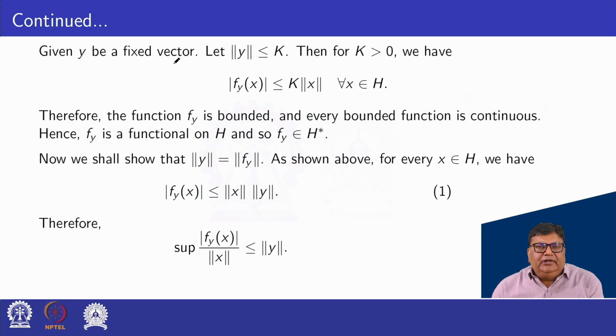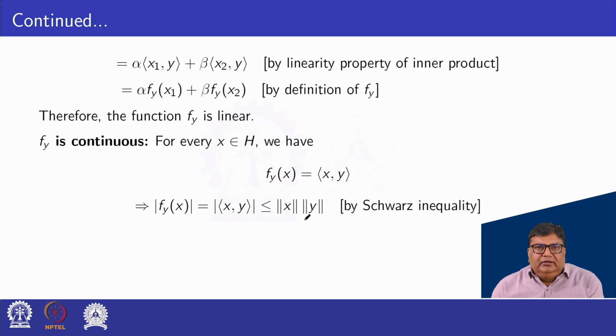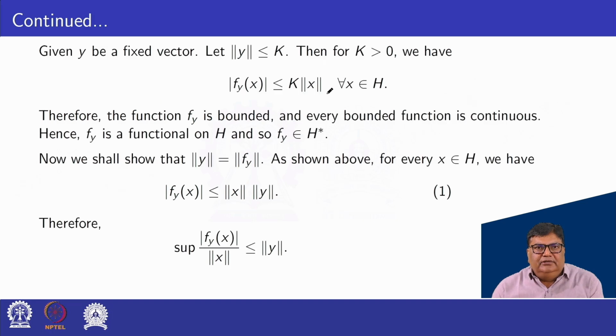Given y is a fixed vector, let norm y be less than or equal to k, where k is a positive constant. Then mod Fy(x) is less than or equal to k norm x. Therefore, the function Fy is bounded, and every bounded function is continuous. Hence, Fy is continuous on H, and so Fy belongs to H star.